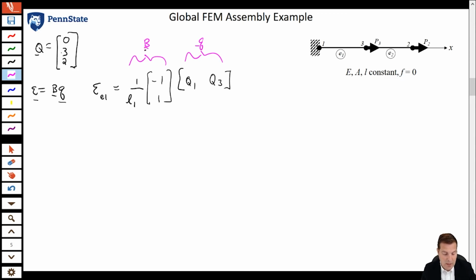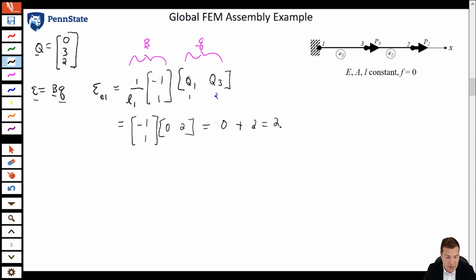Okay, so this is B, and this is little q. How do we get that? Well, again, locally these are the 1 and 2 positions, right? But globally, they correspond to 1 and 3. And we know those values, so we can fill it in. So we'll have negative 1, 1, times 0 and 2. It's going to be equal to 0 plus 2, which is 2.